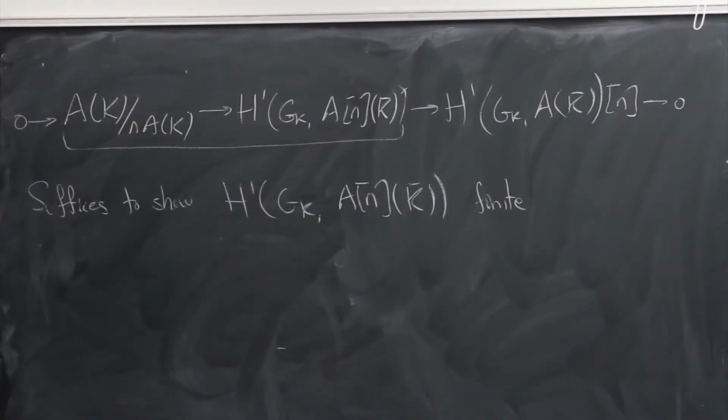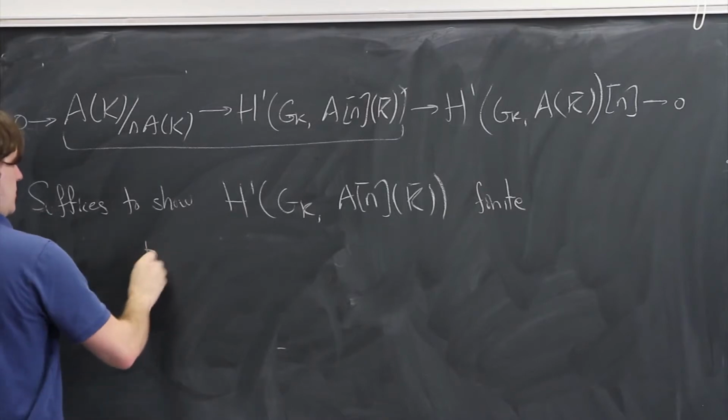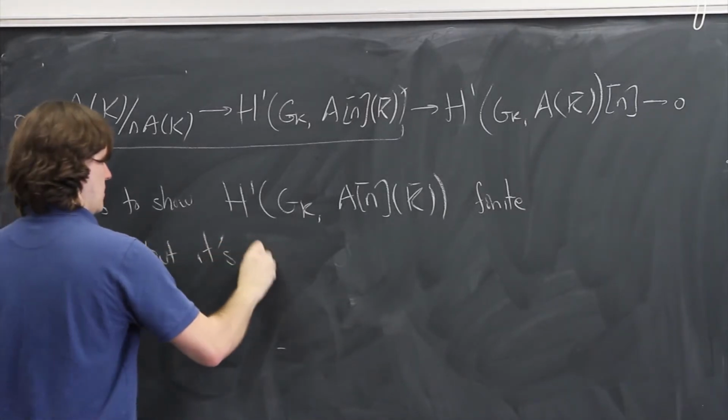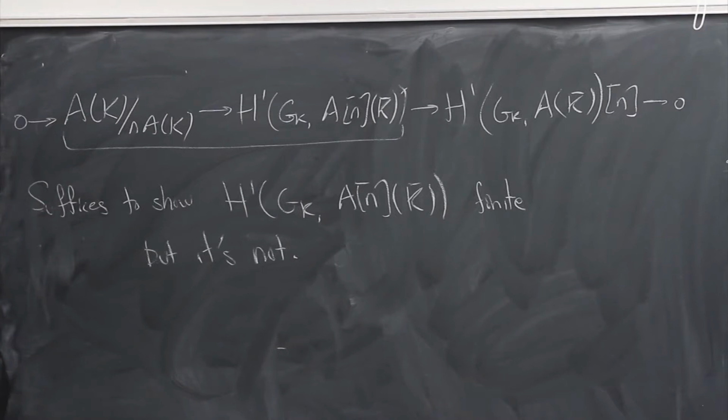But we're not going to need that anyway. Okay, so it would suffice to show that this guy in the middle is finite, but it's not finite. But fortunately, the image lands in a subgroup which is finite.